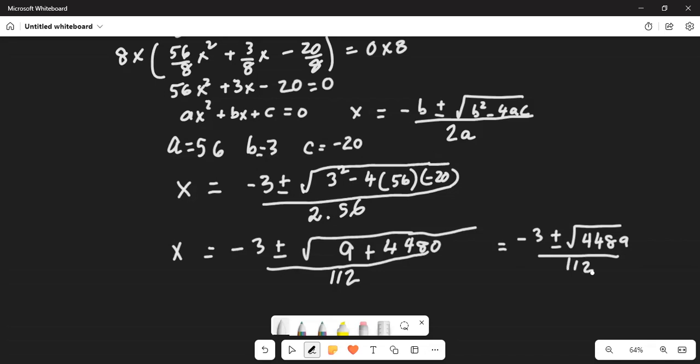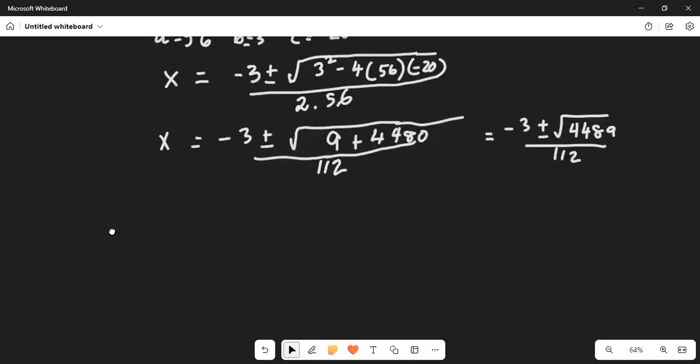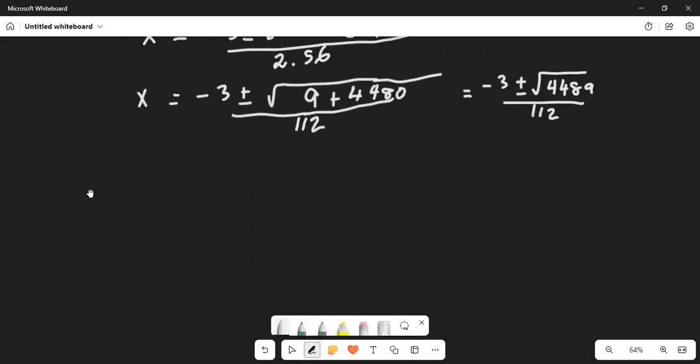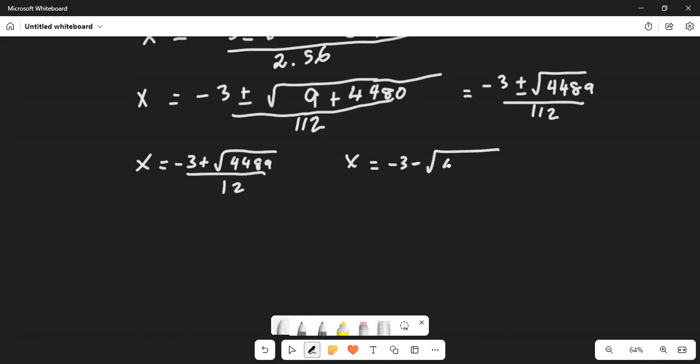Let me create some space and you will see. One of the possible solutions of x is minus 3 plus the square root of 4489 divided by 112. The other solution for x is minus 3 minus the square root of 4489 divided by 112.